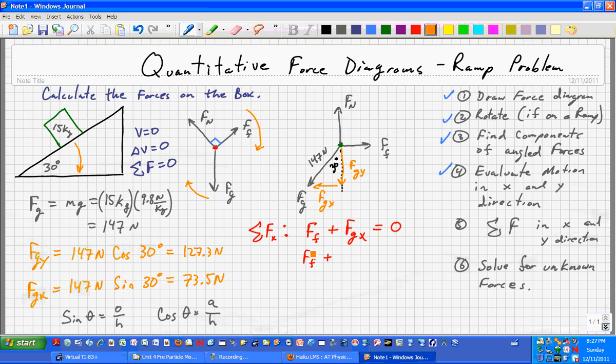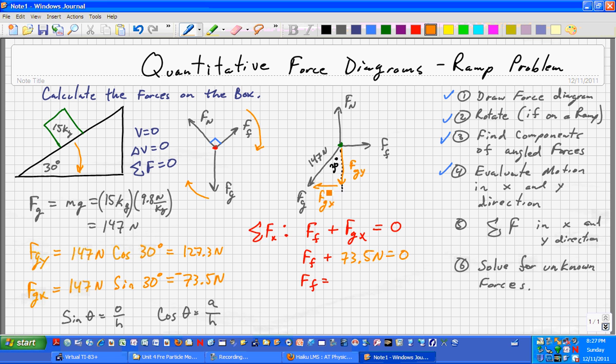So force of friction plus, in the x direction, 73.5 newtons is going to be equal to 0, which means that my force of friction is going to be equal to, oh, wait a second here. This would be in the negative direction, right?